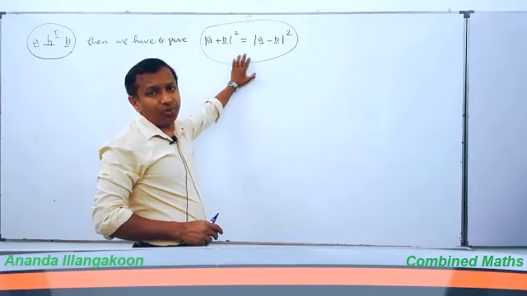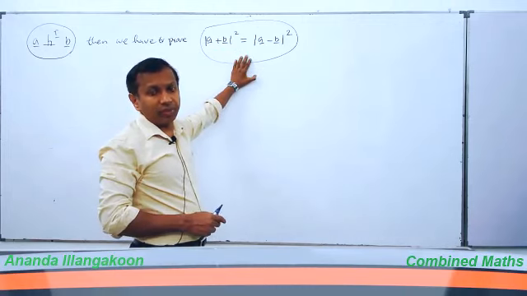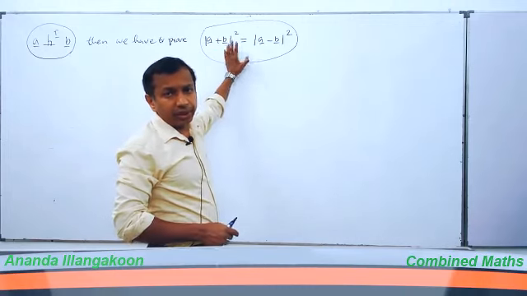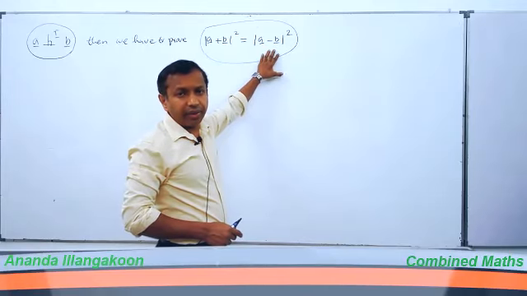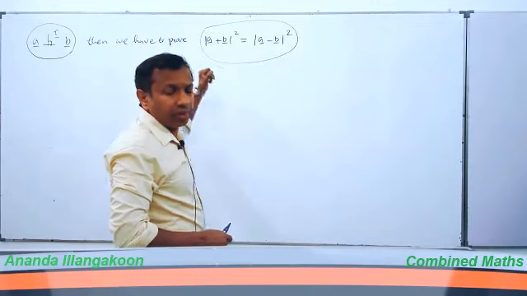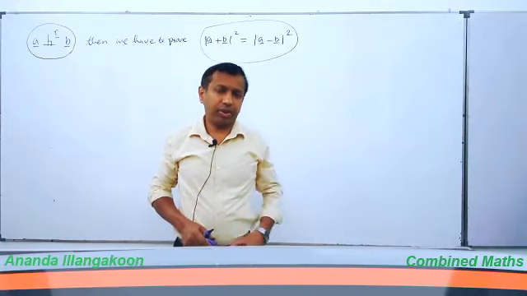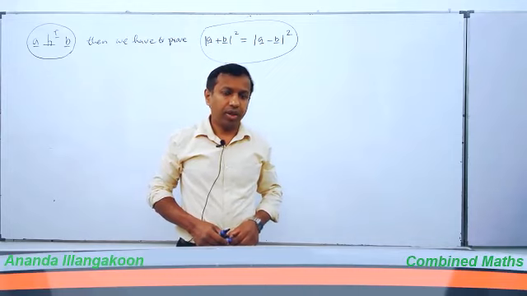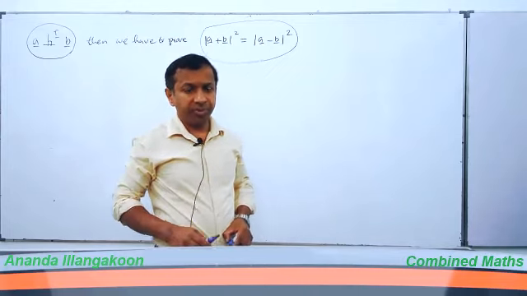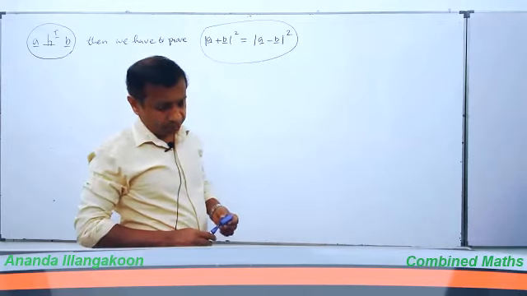I am not going to prove this one, I prove the other way, taking these two as equal. That's also correct. Then I'll give you the method to get this answer.